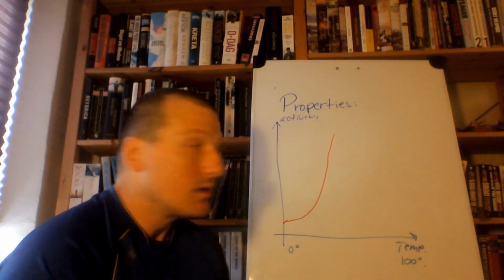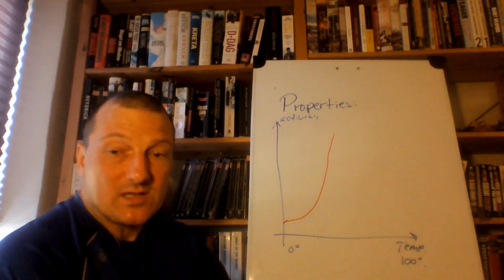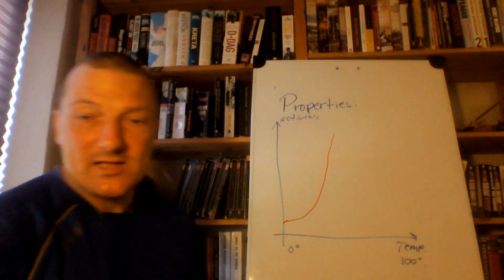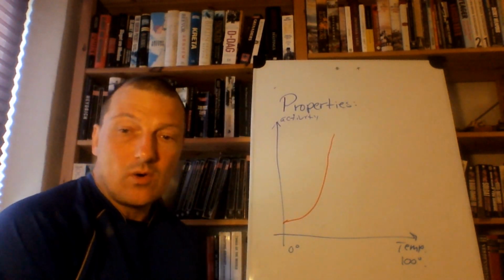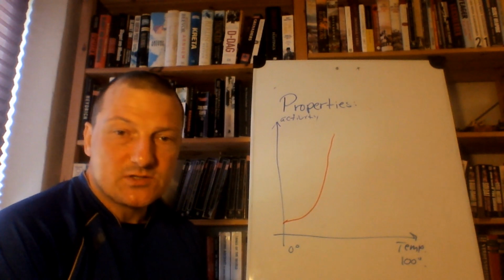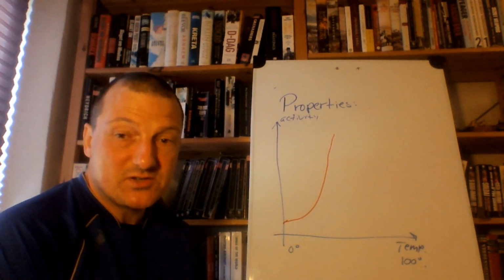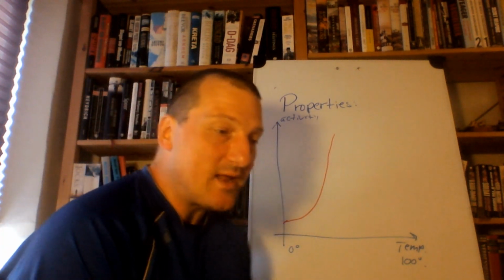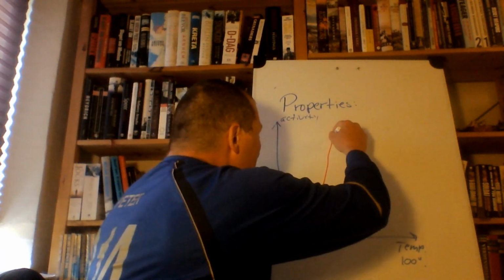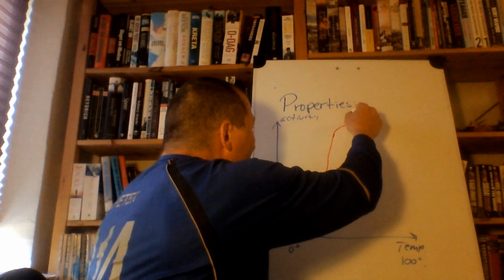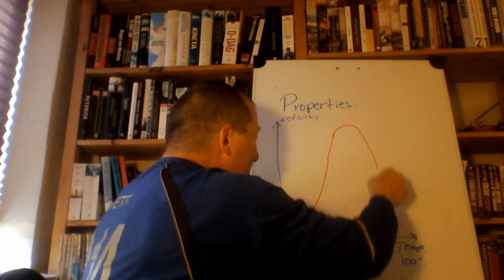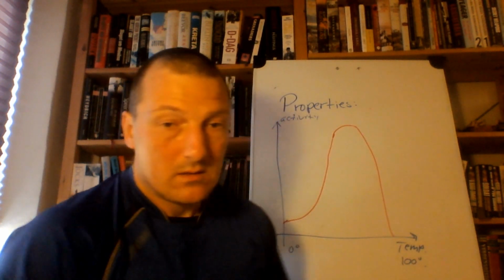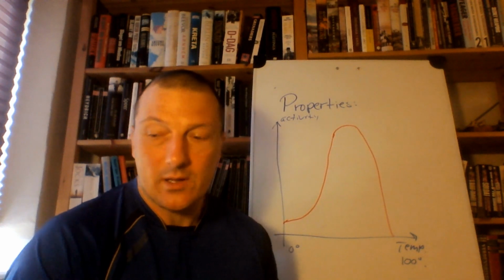But this will not keep on increasing because, as we said, all enzymes are made from protein. So protein will, at a certain temperature, have its bonds start to break down. It will denature. So there'll be a temperature somewhere after which our enzyme will stop working.